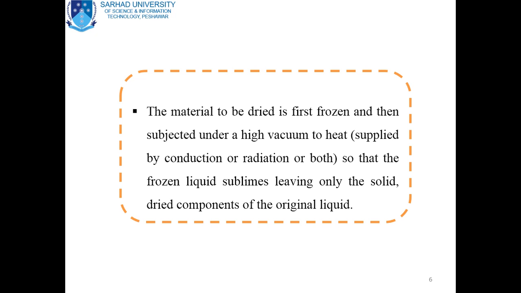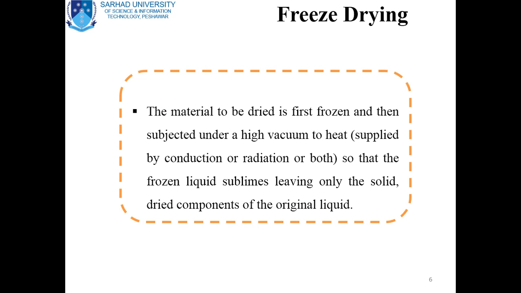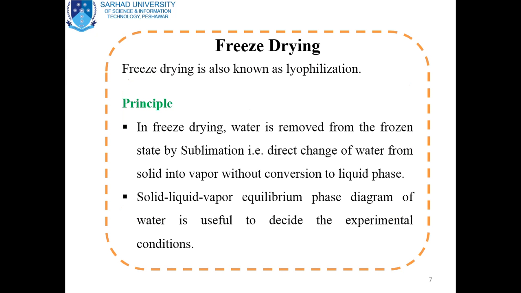Recalling from the definition, sublimation is the process in which the solid material is directly evaporated. Now the material is in the dry stage. At this stage the liquid was in the frozen stage, and the dry solid components are kept, and the liquid is removed from the composition or from the material.